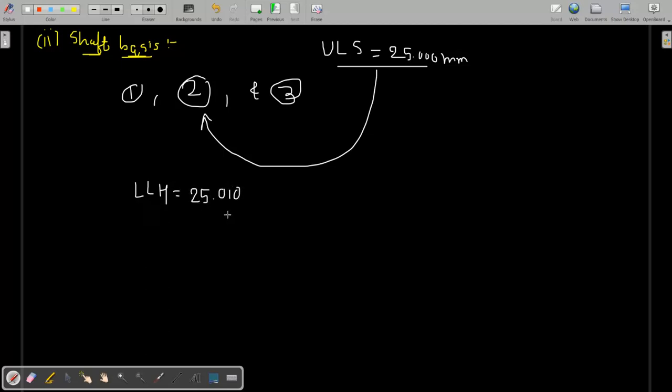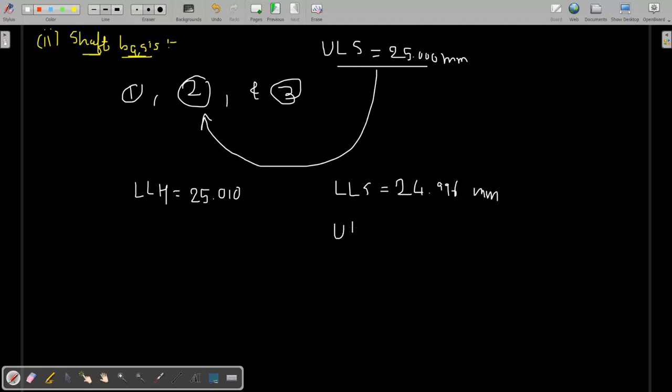Now we have the lower limit of the hole and the upper limit of the shaft, and we have the tolerance equation also. So compare equations 1 and 2 and make the upper limit of the hole the lower limit of the shaft. You will get the lower limit of the shaft in this case as 24.996.